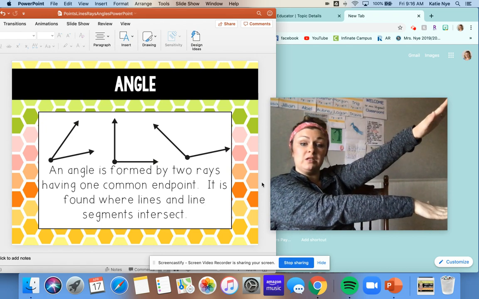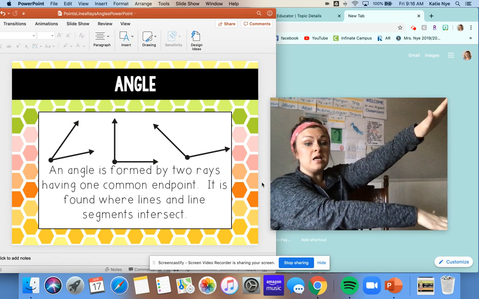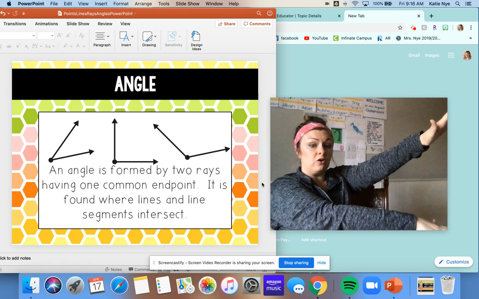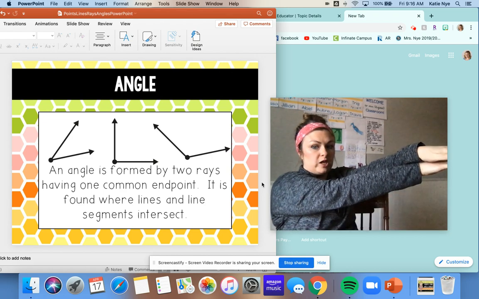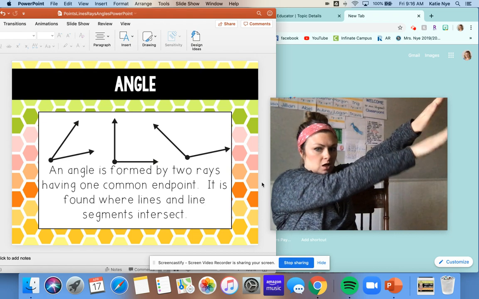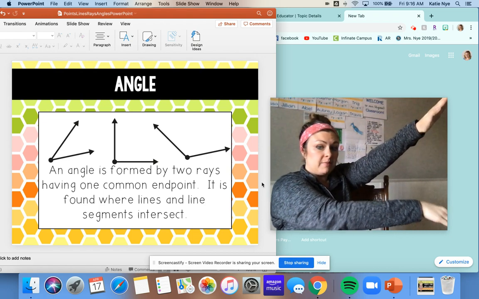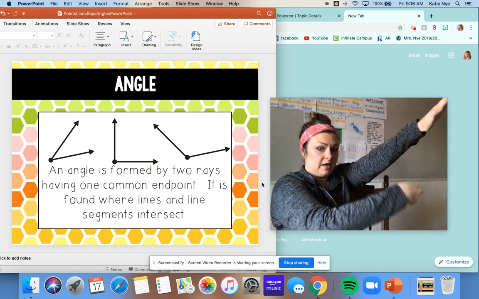My hands are open, so they go out in different directions. Now, the angle that we're talking about is the distance between my arms. So from here down to here, my angle goes right in this area right there.